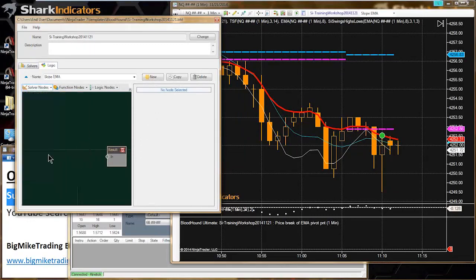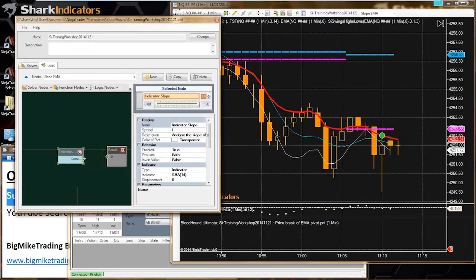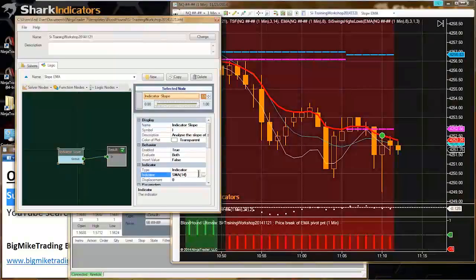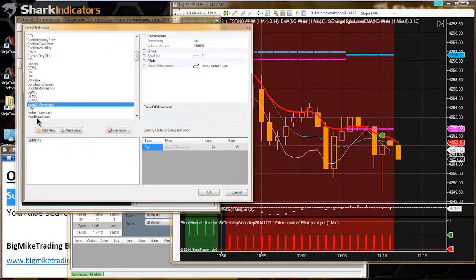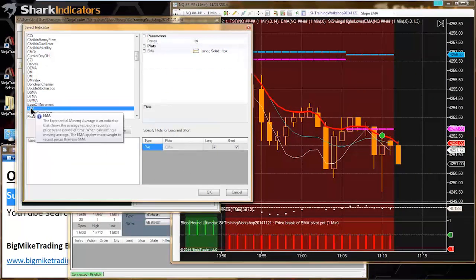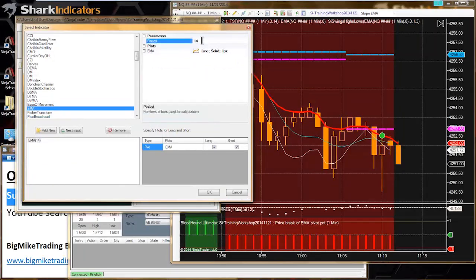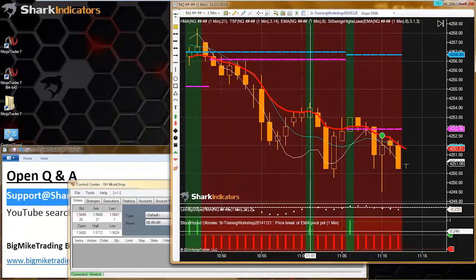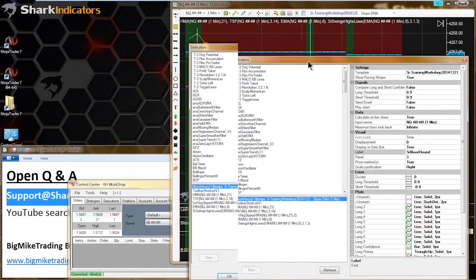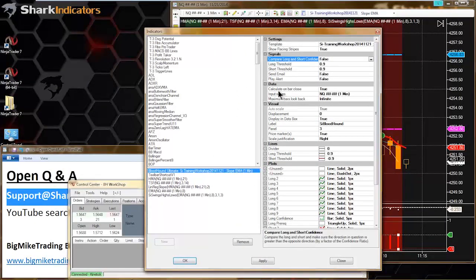I wanted the slope solver here. And I'll set this up to look at our EMA 8 that we have on the chart. And then the next thing I need to do is set BloodHound so that calculate on bar close is set to false.